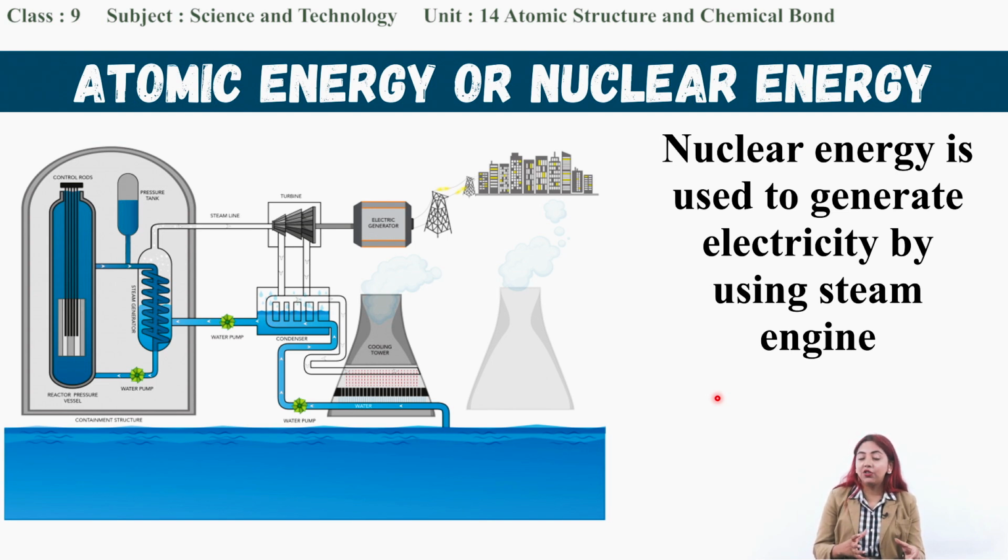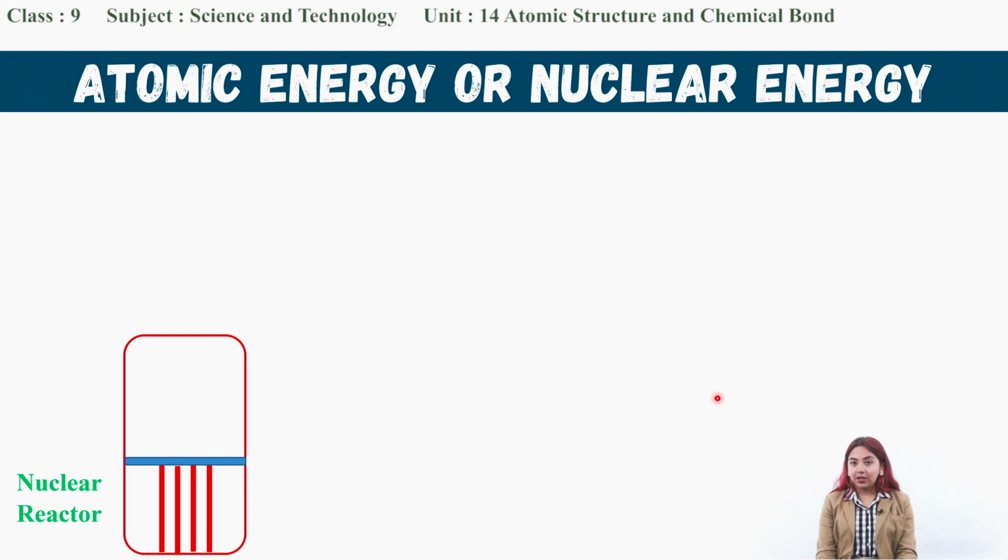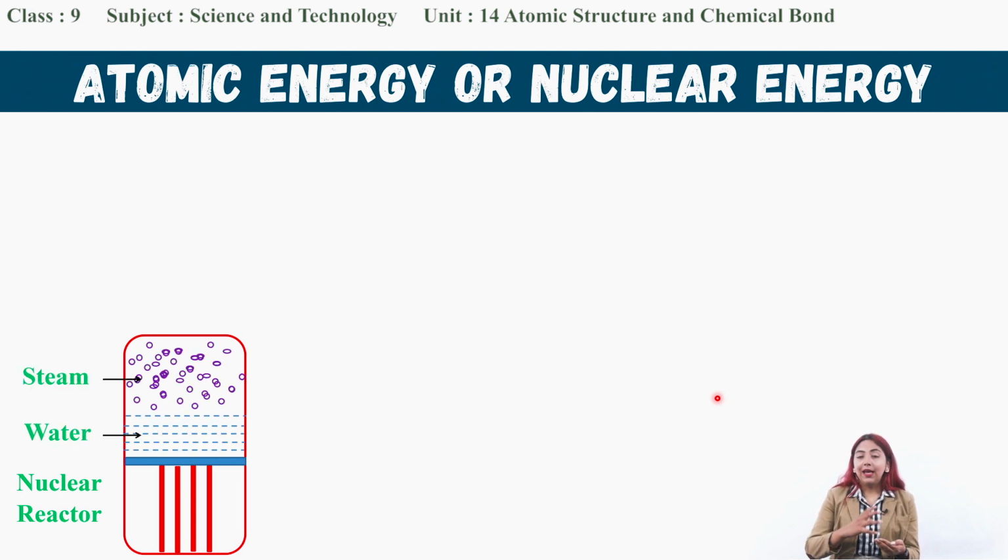Nuclear energy is used to generate electricity by using a steam engine. Let us understand this step by step. In a nuclear reactor, nuclear fission occurs, and during the nuclear fission process, a tremendous amount of energy is released, and that energy is used to heat the water, and the water is converted into steam.